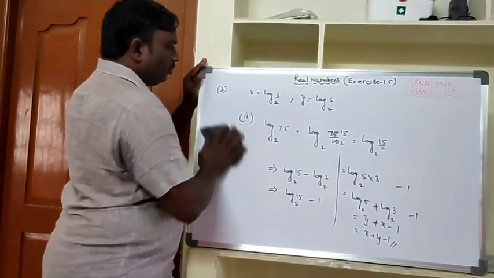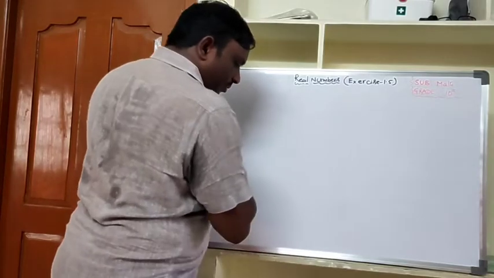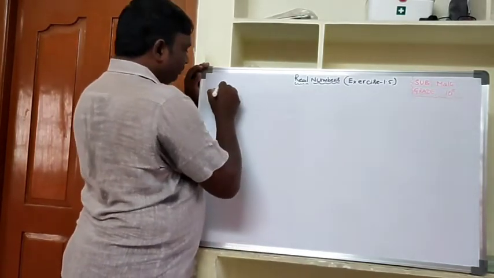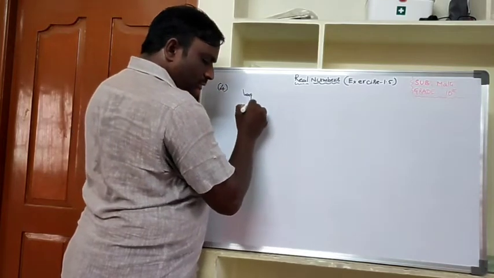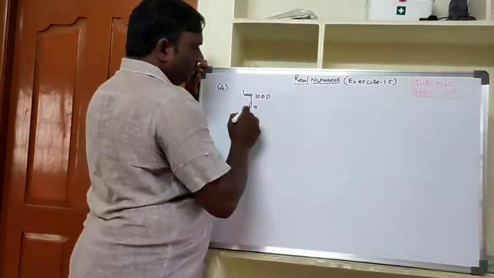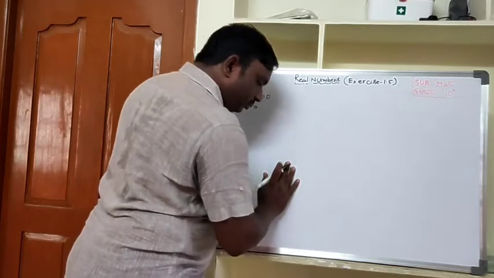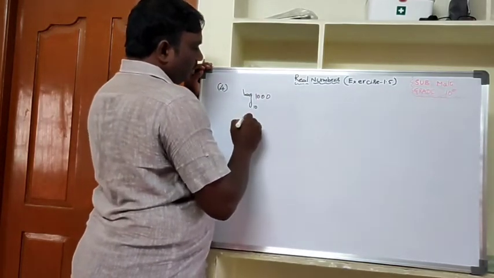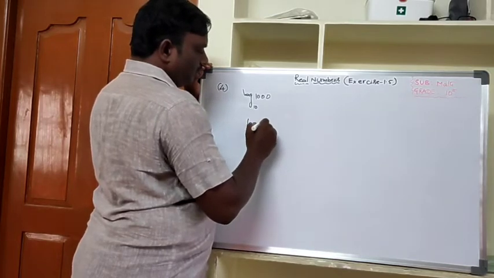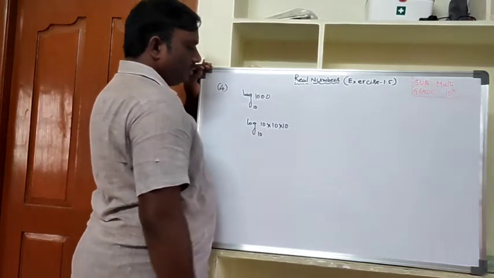So, expanded form, fourth main. In that expanded form, the first question they are asking is log 1000. If there is no base, we can take it as 10. Expanded form means log 10 into 10 into 10 base 10.